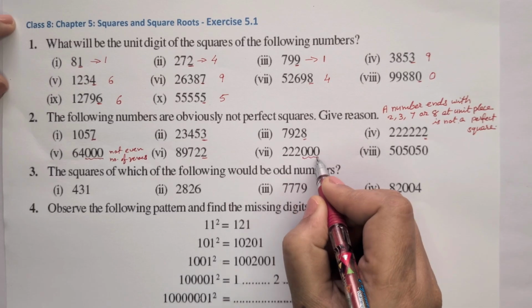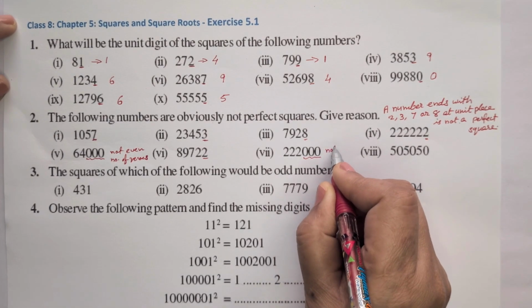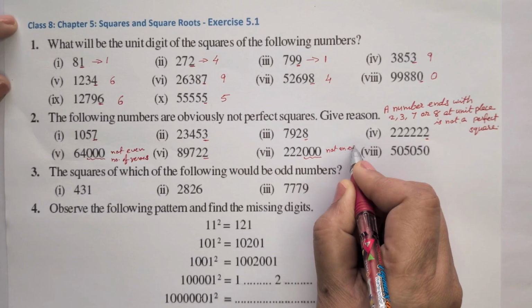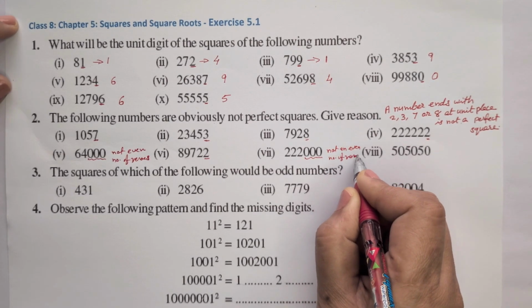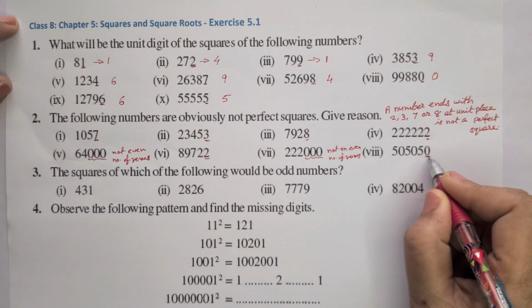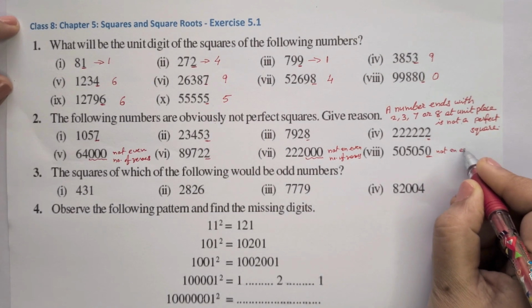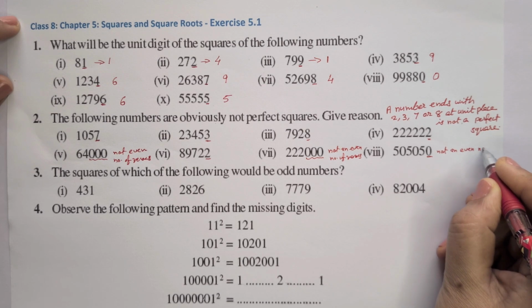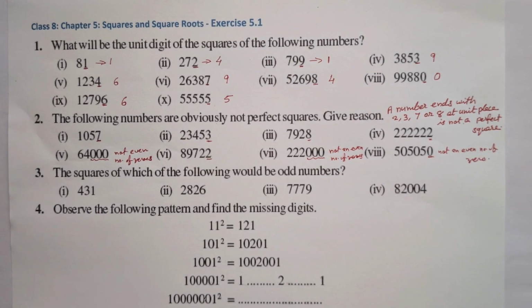This one has 3 zeros, so not an even number of zeros. Here also just one 0, not an even number of zeros, is the reason.